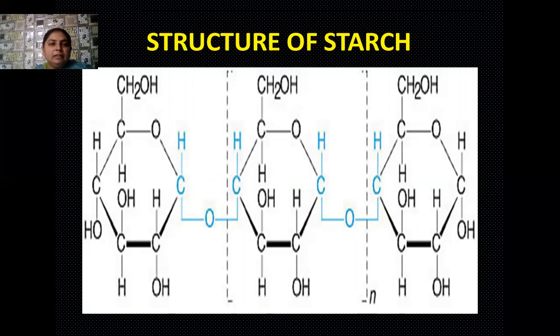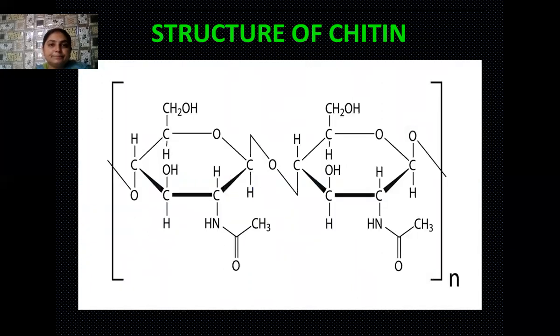Yes, students, this is the molecular structure of another type of cell wall composition that is present in fungi, and it is commonly known as fungal cellulose or chitin. So here I have shown you the molecular structure of this chitin molecule. Again, you can see very easily the formation of the glycosidic bond here.